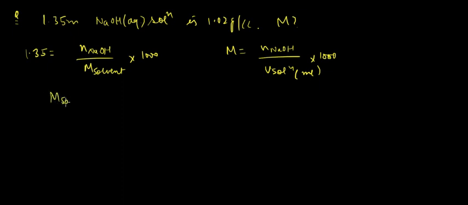Mass of solution would be mass of solute plus mass of solvent, and obviously density of solution is already given, so from there we can calculate the volume.